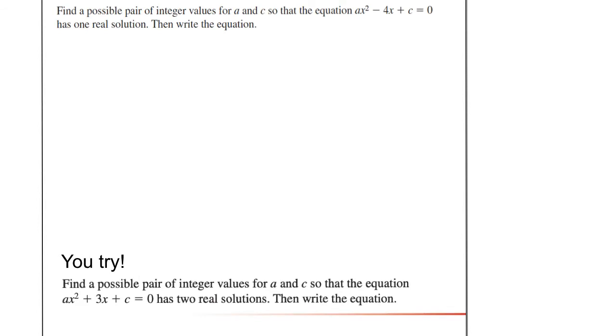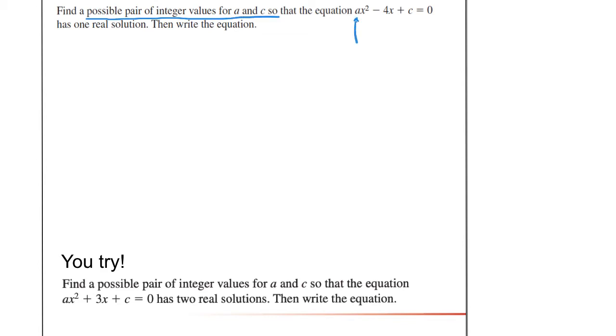So the next thing we're going to do is use what we know about analyzing the discriminant to help figure out what we would do to write an equation that would give us that type of discriminant. So if we look at example 5, it says find some integer values for a and c.